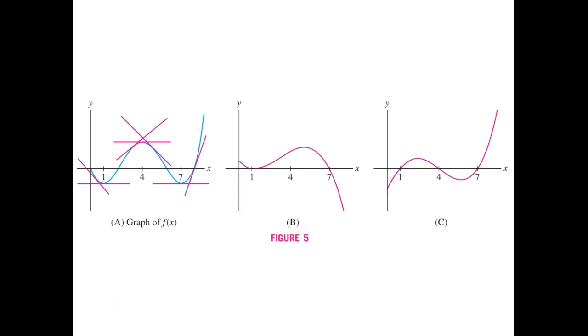Positive slope on the left side, 0 there, negative on the other side. If this were the graph of your derivative, you'd be positive on both sides of 4. Can't be. It should be positive this side, 0 here, negative on this side, and you got it exactly right there.